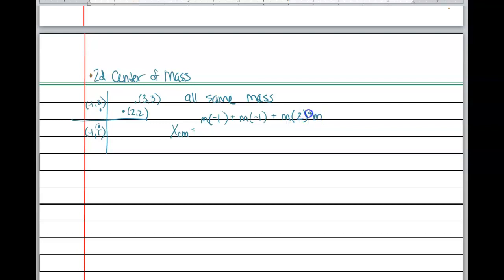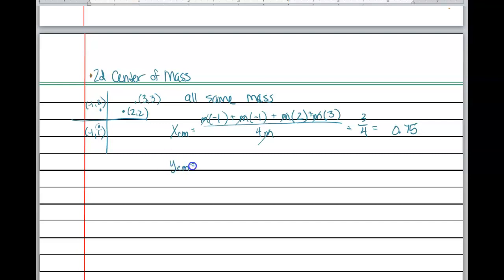We have another mass at 3. And we divide that by the total mass, which is going to be 4 of those m's. So we can see that the m cancels because mass is dumb. So when you take -1 plus -1 plus 2 plus 3 divided by 4, I don't know what my units are, so 0.75.